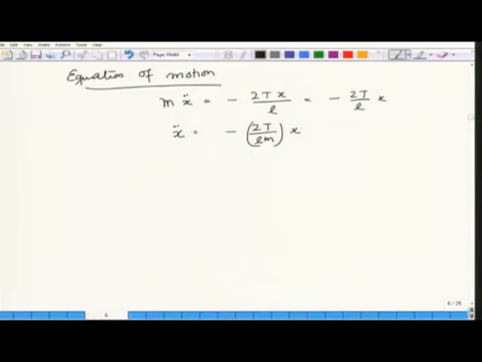Identifying this term as omega square, you have the mass now oscillating with angular frequency.